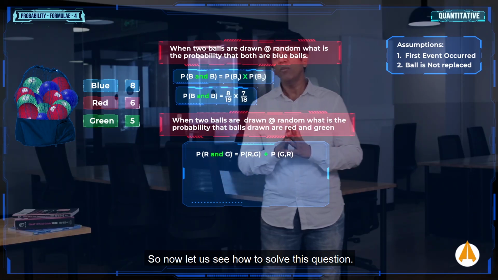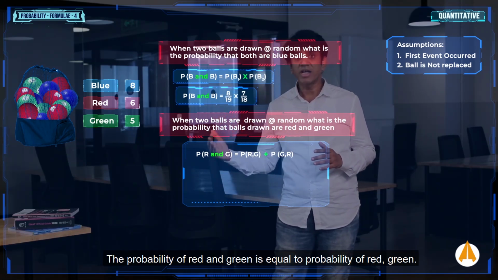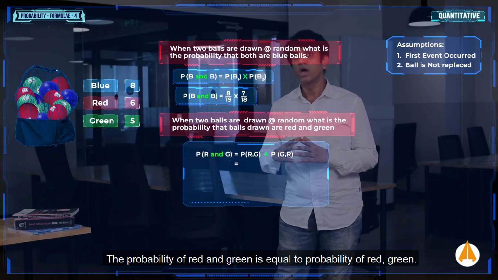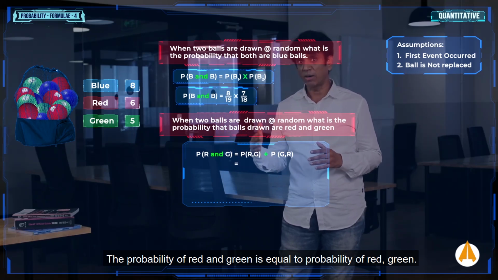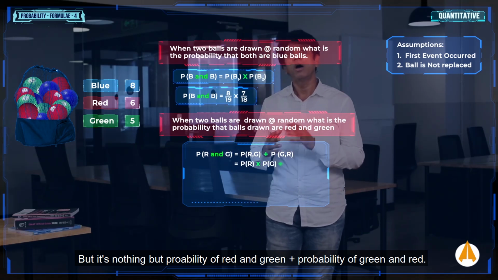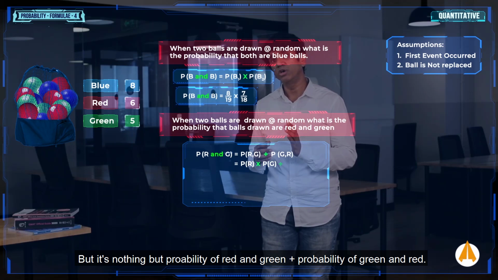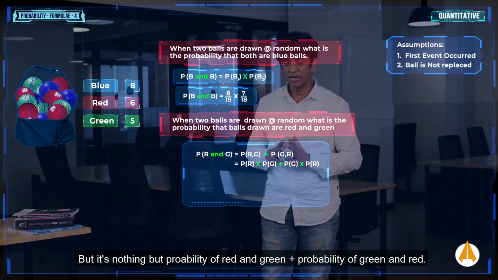Is it not? So now let us see how to solve this question. The probability of red and green is equal to probability of red comma green, that is nothing but probability of red and green, plus probability of green comma red, that is probability of green and red, right?